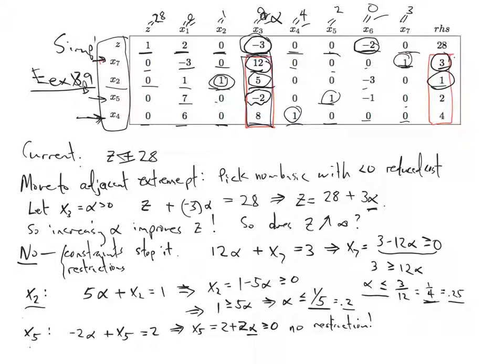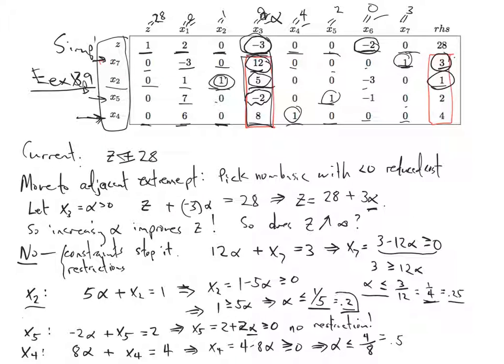Okay, and then the last row is for x4. It says 8 alpha, the value of x3, plus x4 is equal to 4, and so x4 is equal to 4 minus 8 alpha, which, to keep it bigger than or equal to 0, implies alpha is less than or equal to 4/8, which is 0.5.